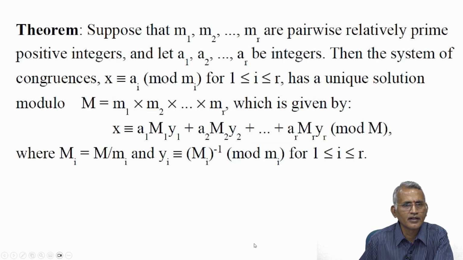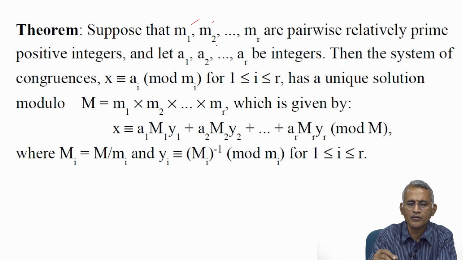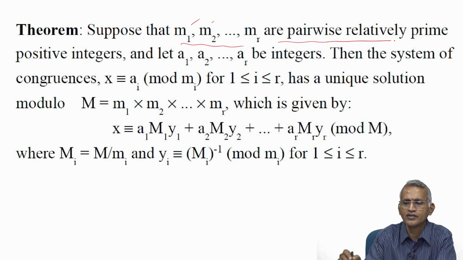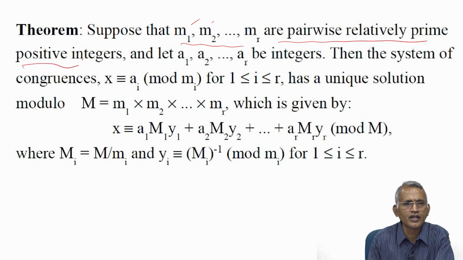The detailed statement of the theorem is: m1, m2 and so on up to mr are pairwise relatively prime integers. It means check m1, m2, check m2, m3 and so on, up to mr minus 1 and mr, and similarly m2, m3, m2, m4 and so on up to m2, mr. All the pairwise numbers you have to check.